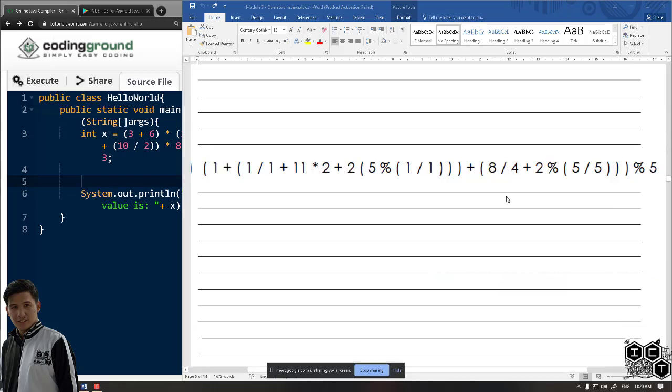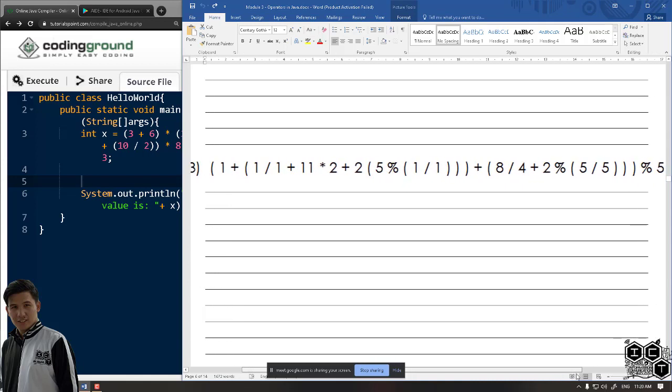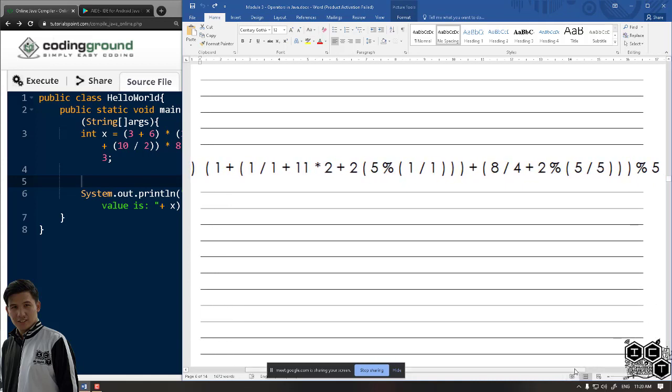Next, another challenging equation. Okay, maybe you are asking, sir, bakit wala po dito? Kung napansin nyo dito sa may part na to, yung 2, tapos parenthesis agad. Diba?